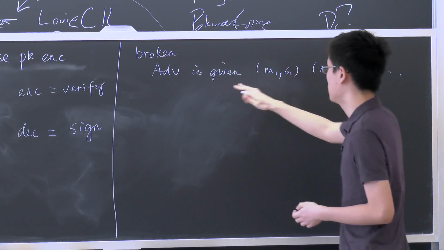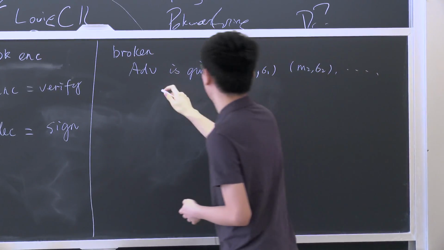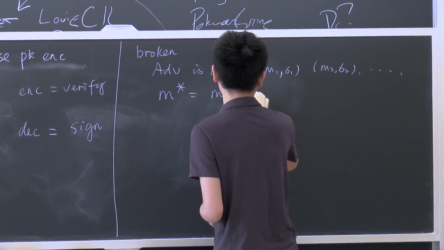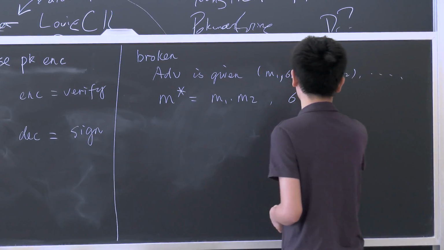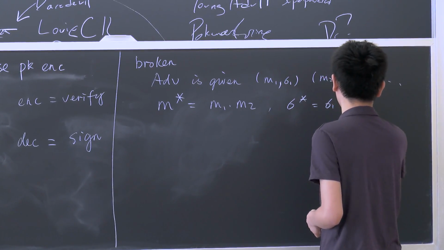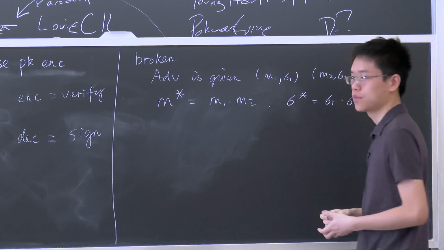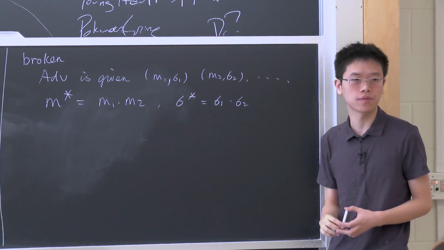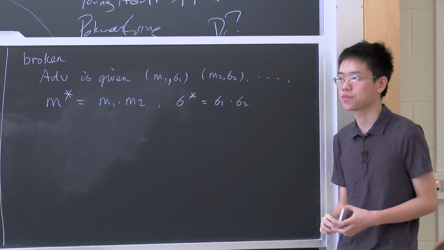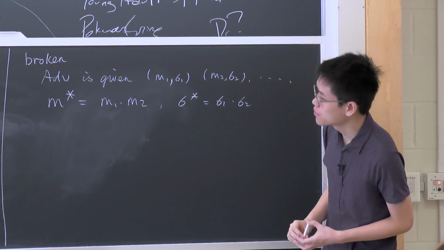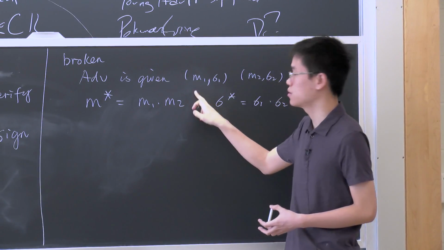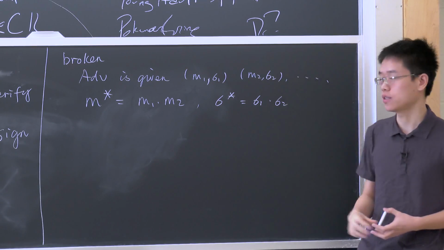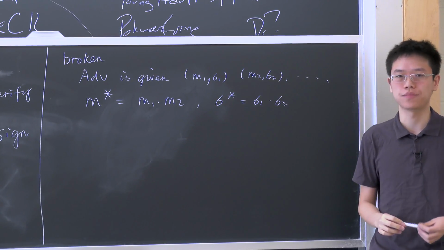So if an adversary sees these messages, it can set M star to be M1 times M2, and sigma star to sigma 1 times sigma 2. You can check this is a valid message-signature pair. You take this entire thing raised to d, and that's the same as raising to d individually and then multiplying together, and that's exactly this message here.